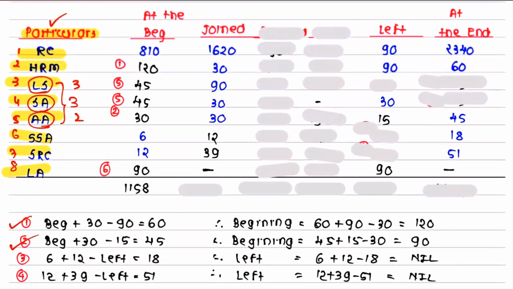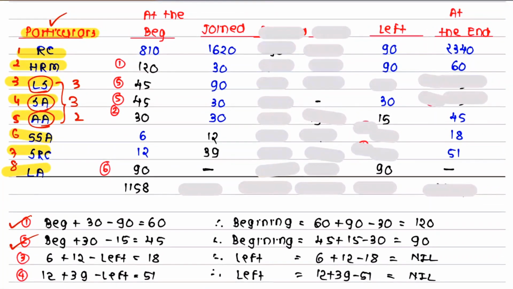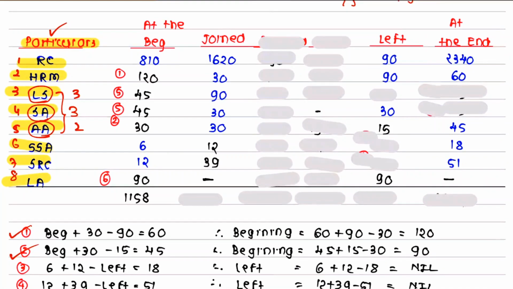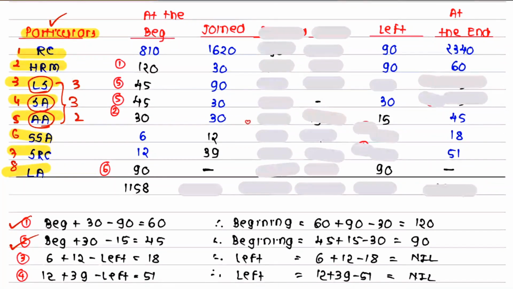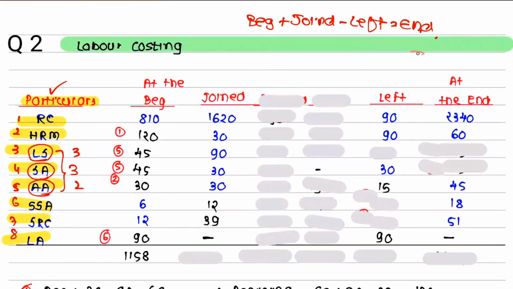Now what you have to check, in whatever row you have three data available, fourth one you can easily calculate. So 1 2 3 4, all four are available. चलो HRM का 1 2 3 4 available, LS का 1 2, अच्छा 2 not available, ठीक है छोड़ो. तो then if I just talk about आपका किसका 4 ऐसा है, SS है, SS का it is 6, it is 12 and it is 18. तो if I just make this equation, so I know this is SSA के लिए 6 plus 12 minus left, I don't know, but 18 I have.